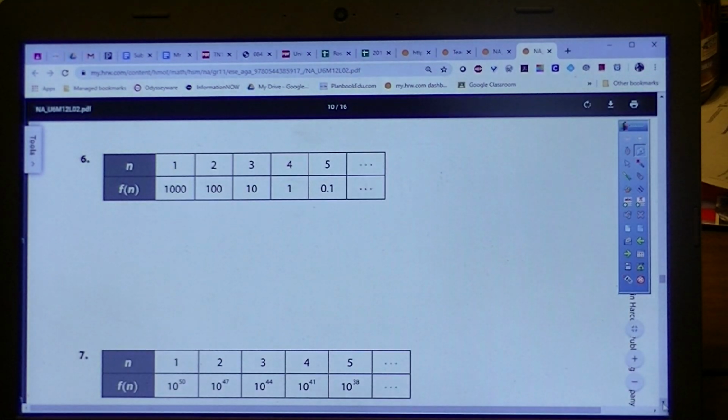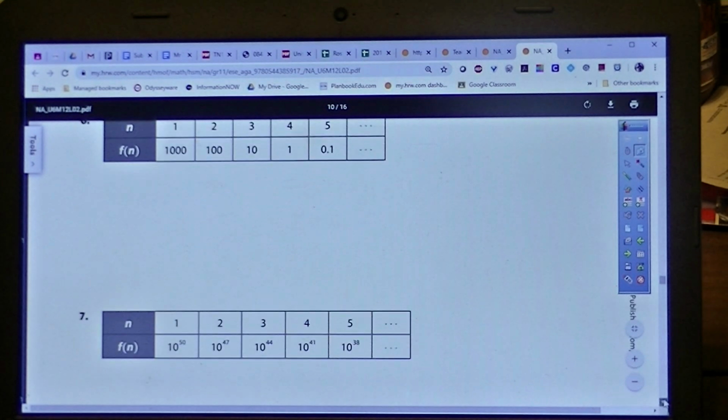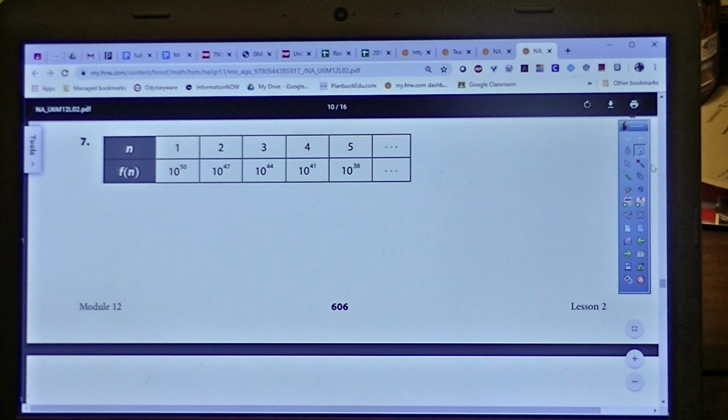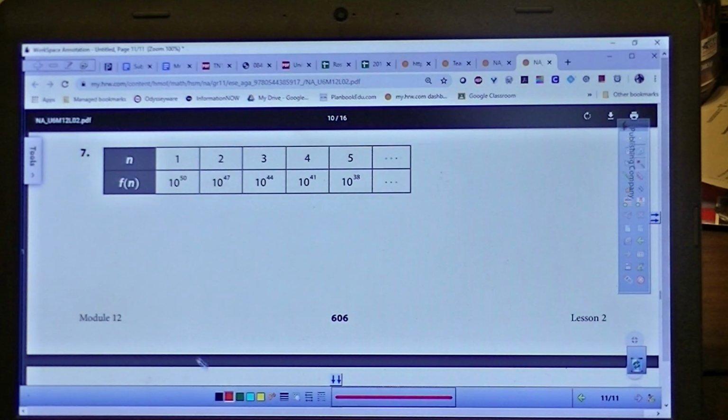People always ask about number 7. I don't know what their problem is. It's just like number 6. So where are we starting? At 1. A sub 1 equals 10 to the 50th power. I don't care if it's the 50th power, whatever's there goes there.